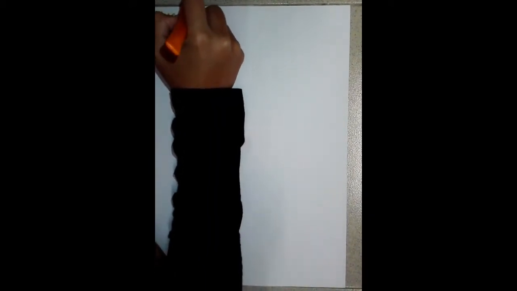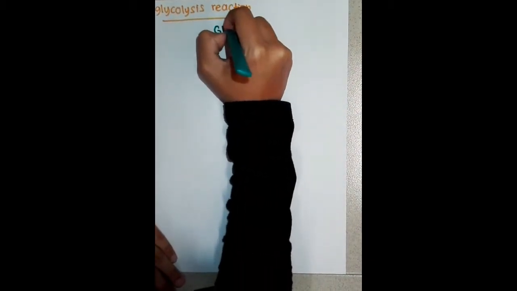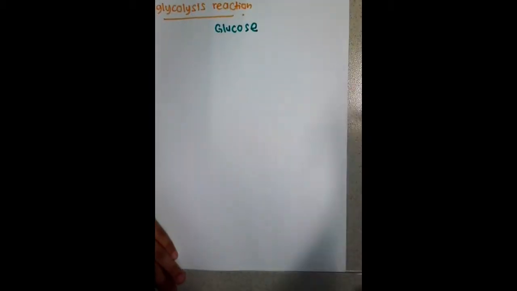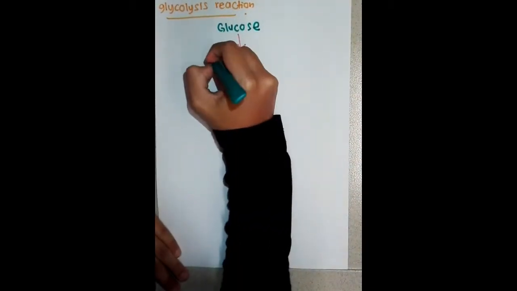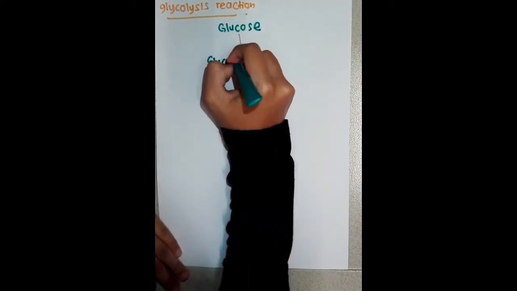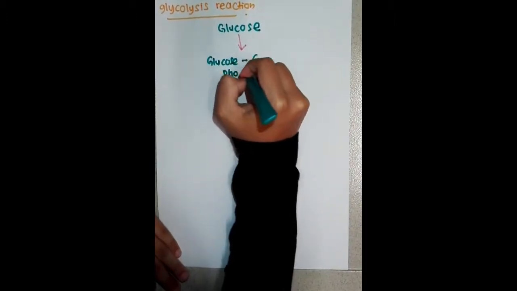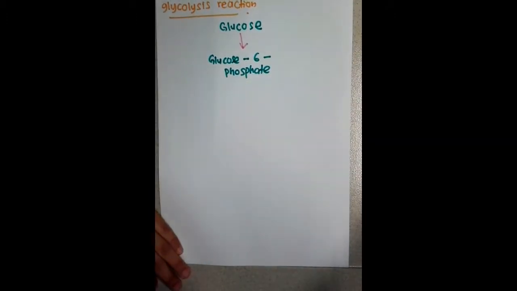Next is the glycolysis reaction. It all begins with a molecule of glucose that enters the cytosol. The glucose is phosphorylated by the enzyme hexokinase to produce glucose 6-phosphate.